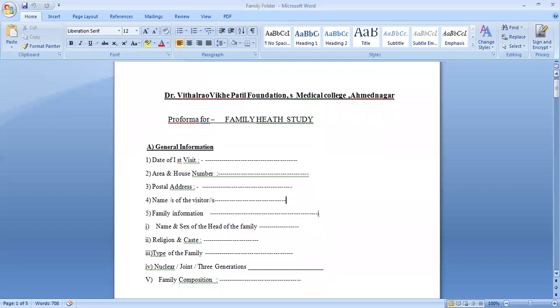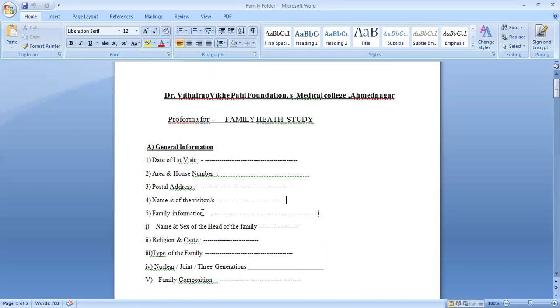the first column is of general information. In the first column, you have to write down the date of your first visit to the family. Then you have to note the area and house number of the family which you are studying, and the postal address of that family in the area.